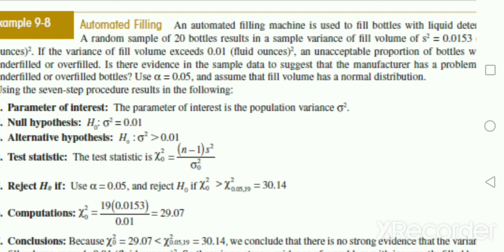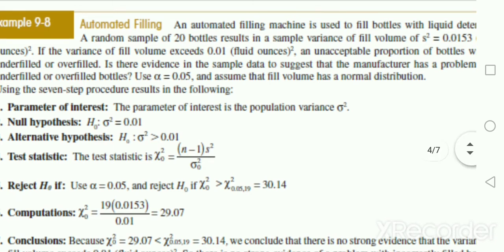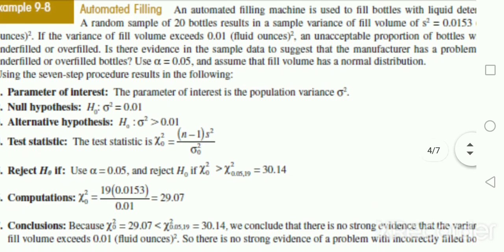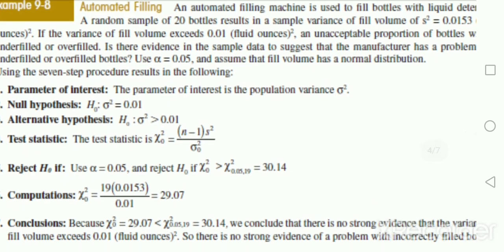The test statistic, since we are testing the variance, is chi-squared equals n minus 1 times s squared divided by sigma squared, and the alpha value is given as 0.05.